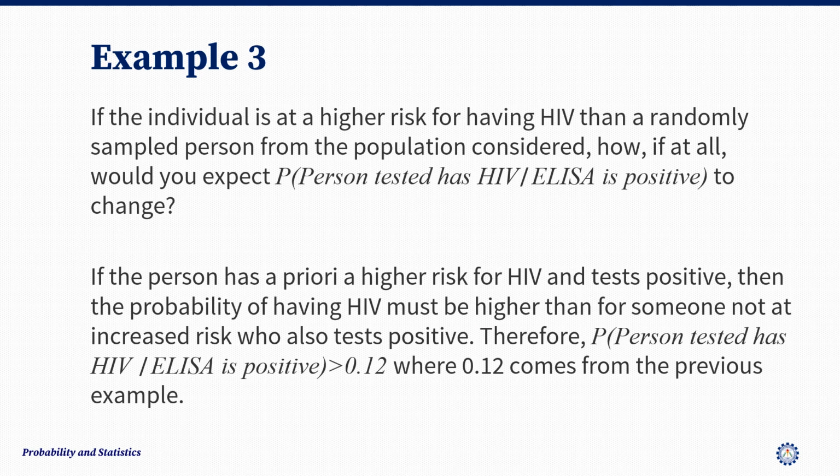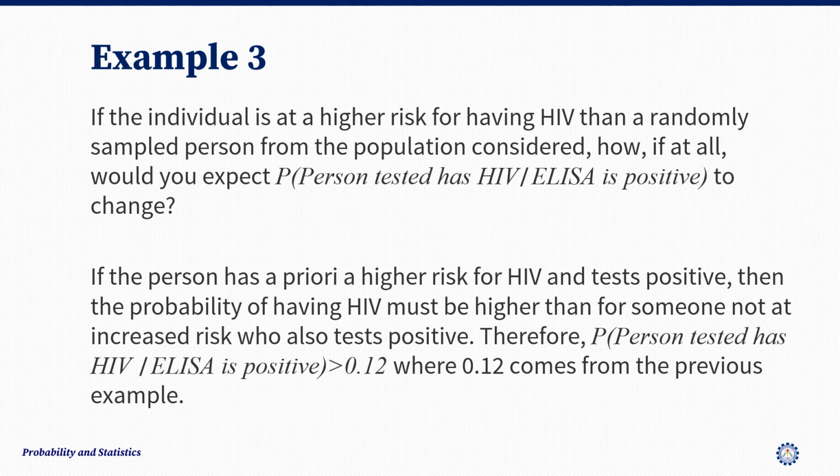Another example: if the individual is at a higher risk for having HIV than a randomly sampled person from the population considered, how, if at all, would you expect the probability of person tested has HIV given that ELISA is positive to change?